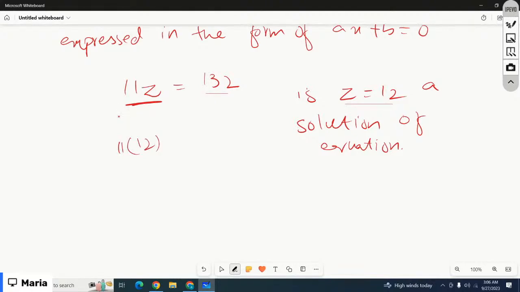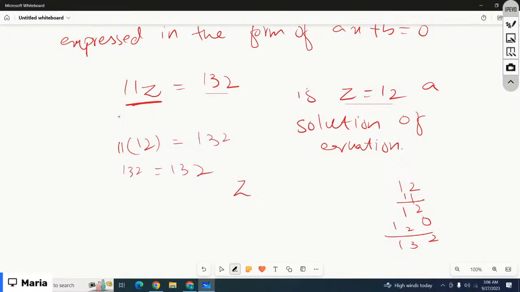11 times 12. Just multiply and see if both sides of the equation are balanced. 12 times 11 is 132. So you can see both sides are equal.